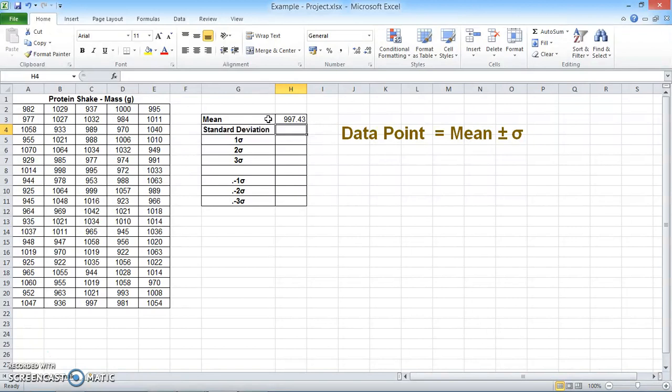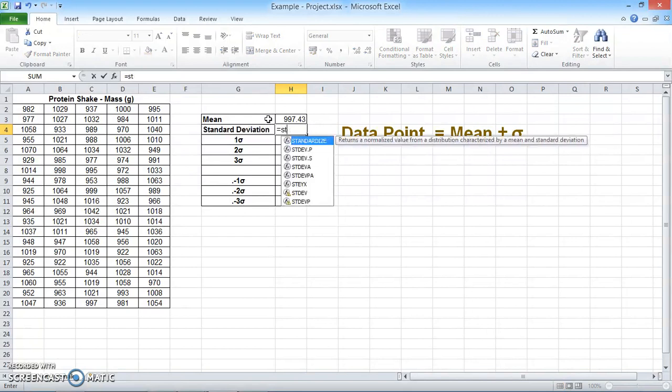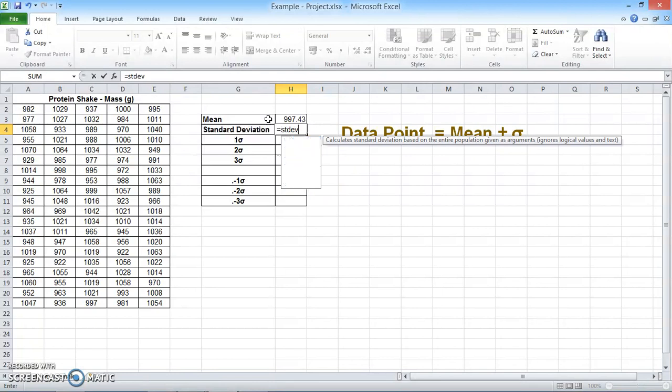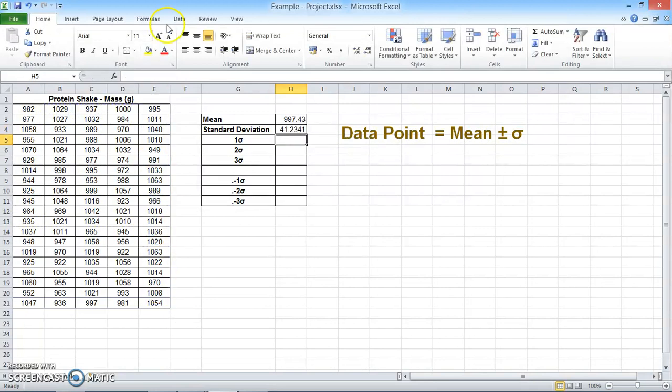So when calculating standard deviation, you need to use the correct formula. You need to go down to the sample one. Open up the bracket. Then again, you need to select all the data. Close. And voila, there you go. So your standard deviation is 41.23 grams.